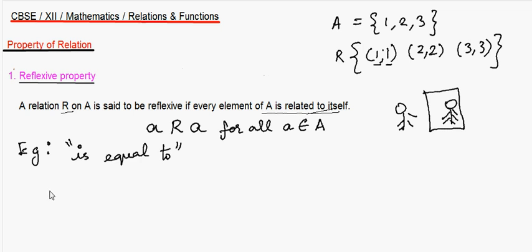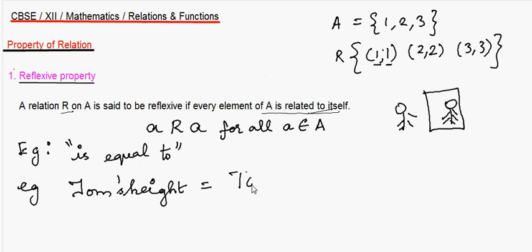For example, in general, let's take Tom. Tom's height is equal to Tom's height. Yes, it has to be equal because Tom's height should be equal to Tom's height. Then it is called reflexive relation.